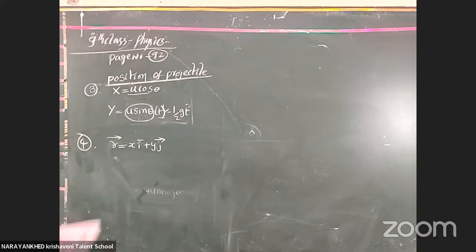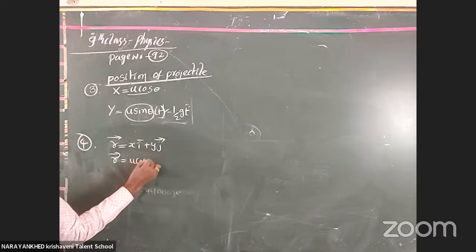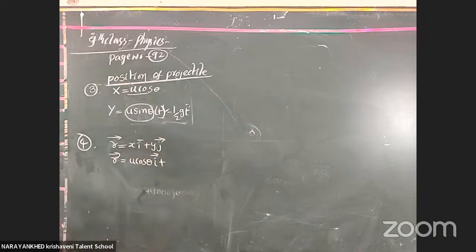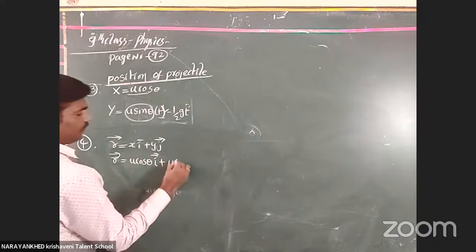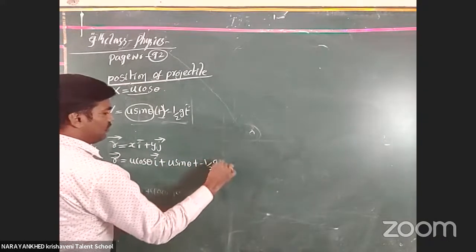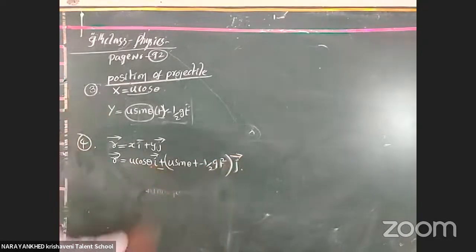Here you simply write the x component as well as the y component: r is equal to u cos theta i bar plus u sin theta into t minus half g t square into j bar. These i bar and j bar are unit vectors along the x-axis as well as the y-axis.